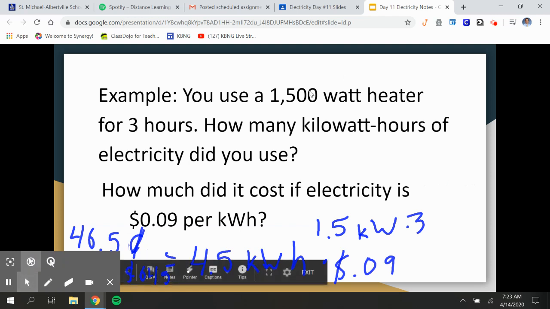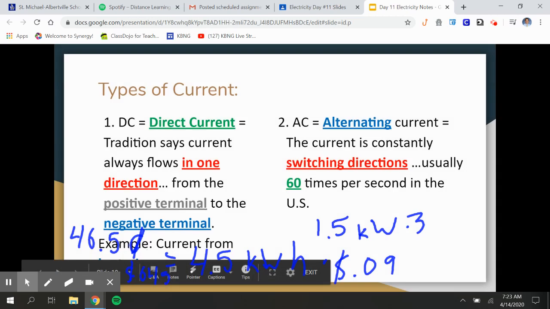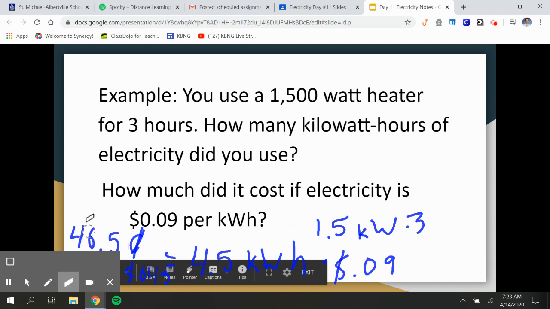So you take your kilowatts. I had 1.5 kilowatts. I multiply it by how many hours it was running, so 3 hours. So 1.5 times 3 gives me my kilowatt hours, and then I multiply that by our price. And that gives you your answer.